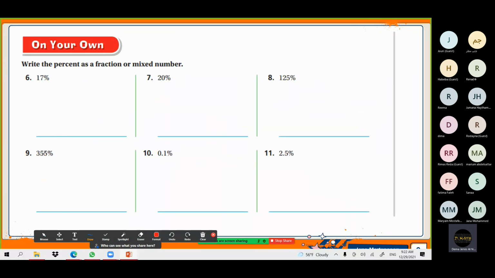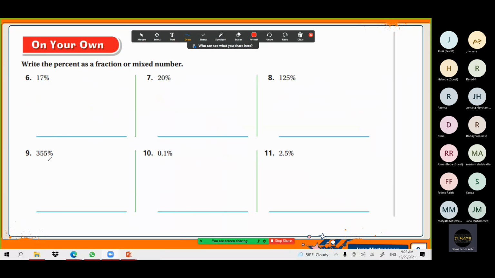Let's continue. I'll solve one of them to remind us what we will do. Let's solve number 9. If we say 355%, I will split it into 300 plus 55, one number under 100 and the remaining greater than 100, and put 100 under each of them.